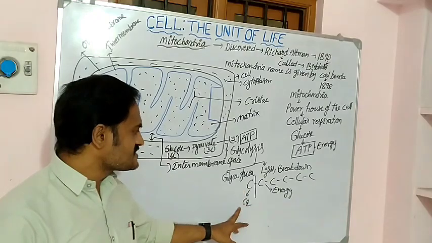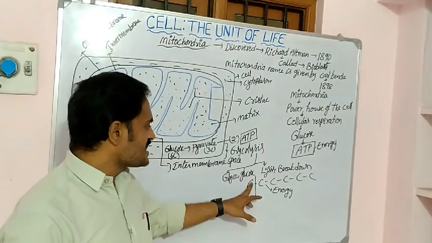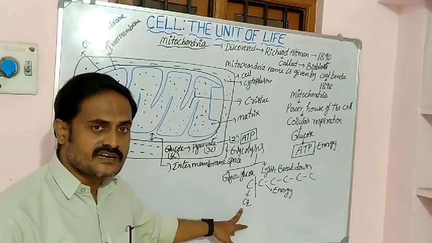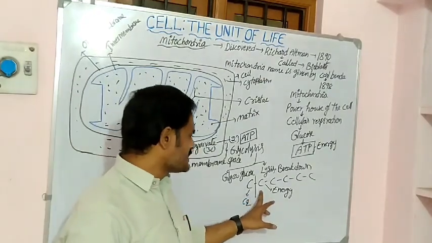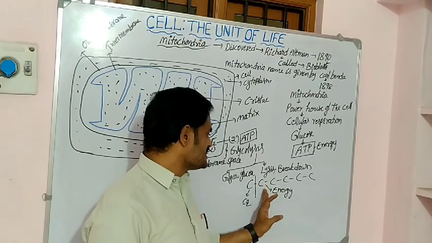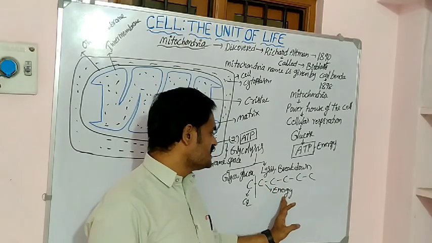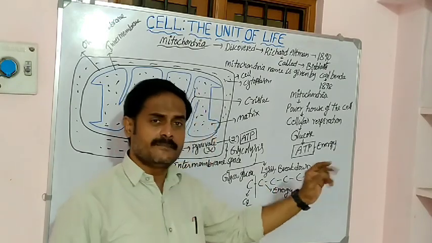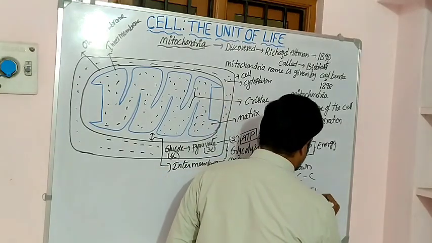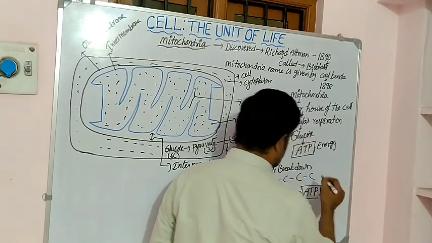Each carbon is converted into carbon dioxide in cellular respiration. When the bonds break, they help to form the energy, or ATP, adenosine triphosphate, in the end.